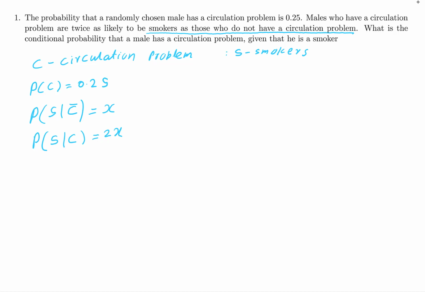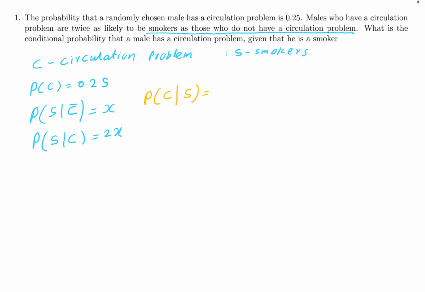Then the question is, what is the conditional probability that a male has a circulation problem given that he is a smoker? So they are asking this. How do we find this?